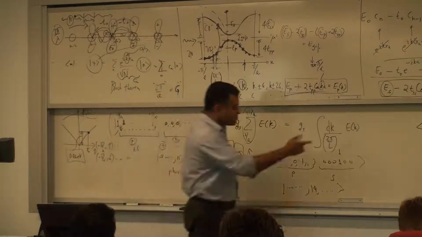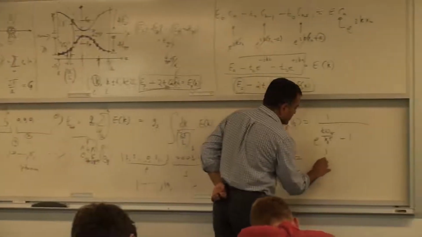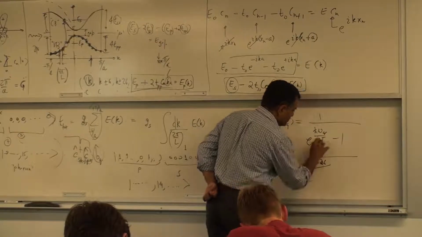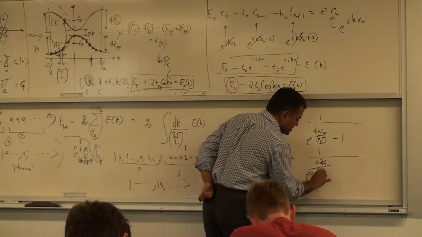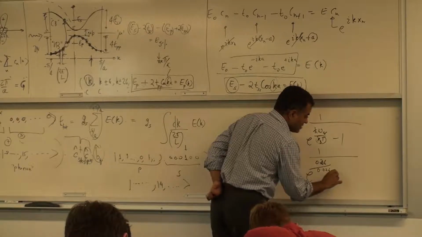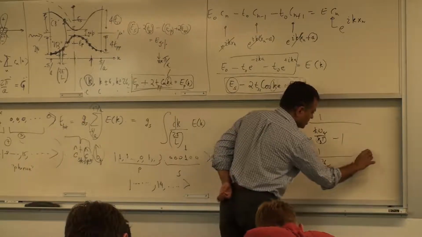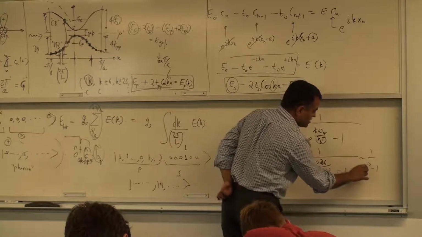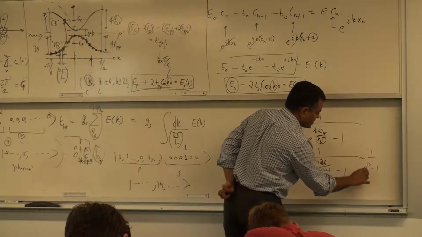Then at room temperature, this value will be e to the power 0.26 over kT, and at room temperature, kT happens to be 0.026 eV, right? And you get minus 1. And so you get 1 over e to the power 10 minus 1, right?